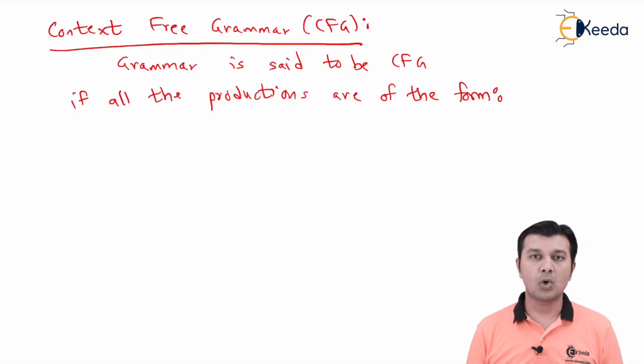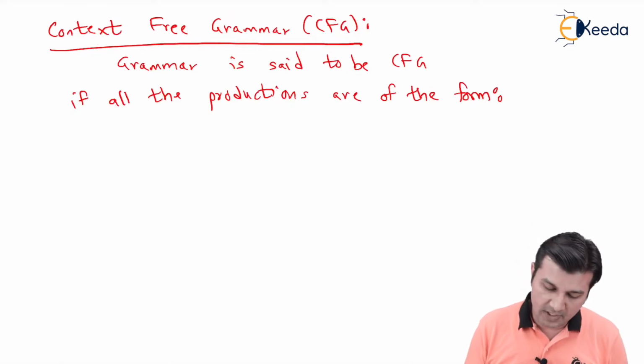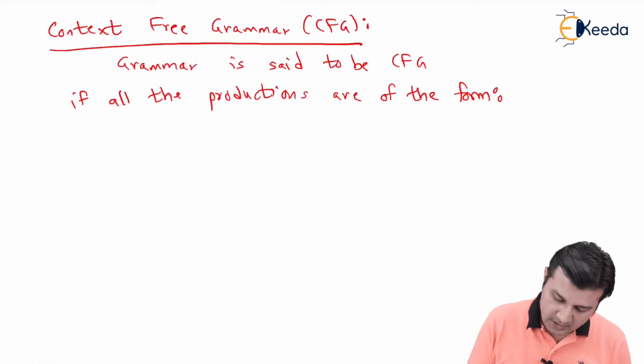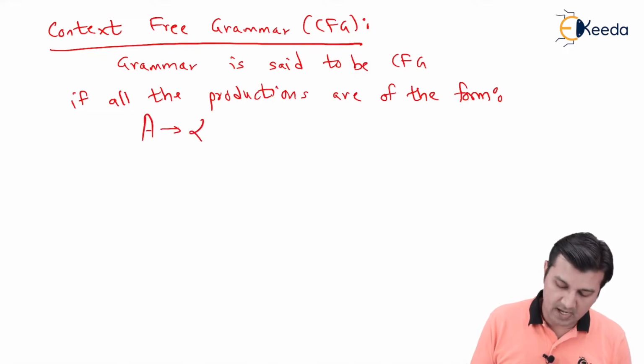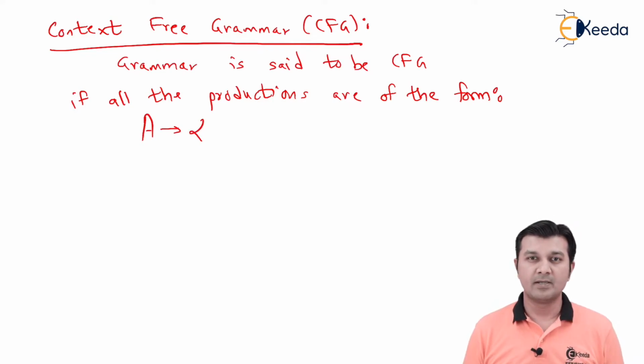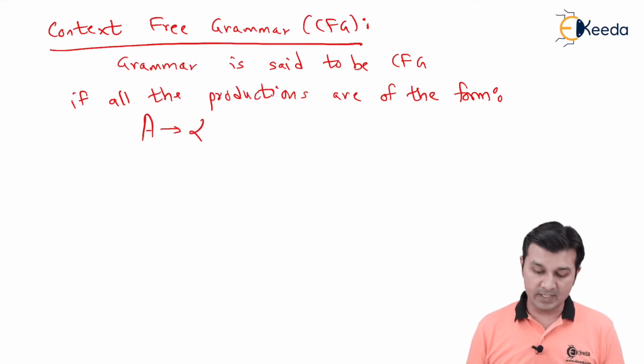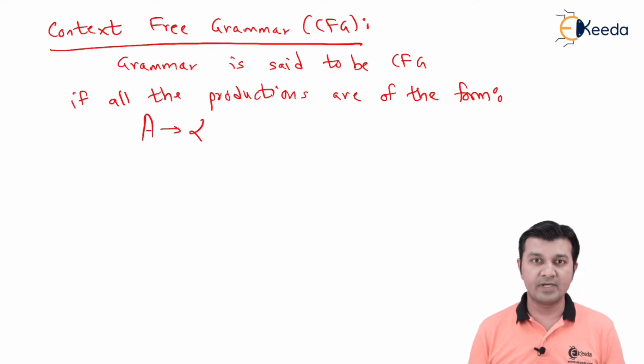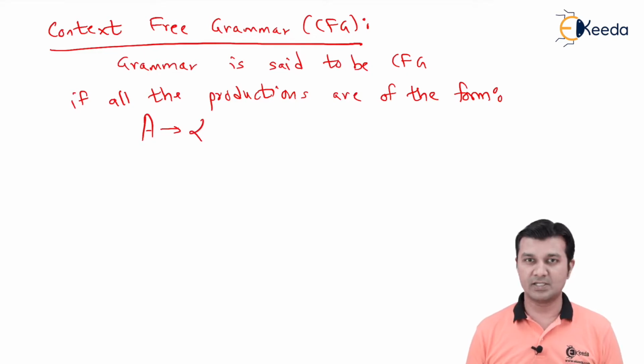So here we have context-free grammar. I define a context-free grammar as follows: a grammar is said to be CFG if all the productions are of the form A derives alpha. Now what I mean by that? When I say A derives alpha, A is a capital alphabet, remember, which we called a variable. So G is equal to (V, T, P, S), and here A is nothing but that V. So A is a variable and alpha is anything which is in sentential form.